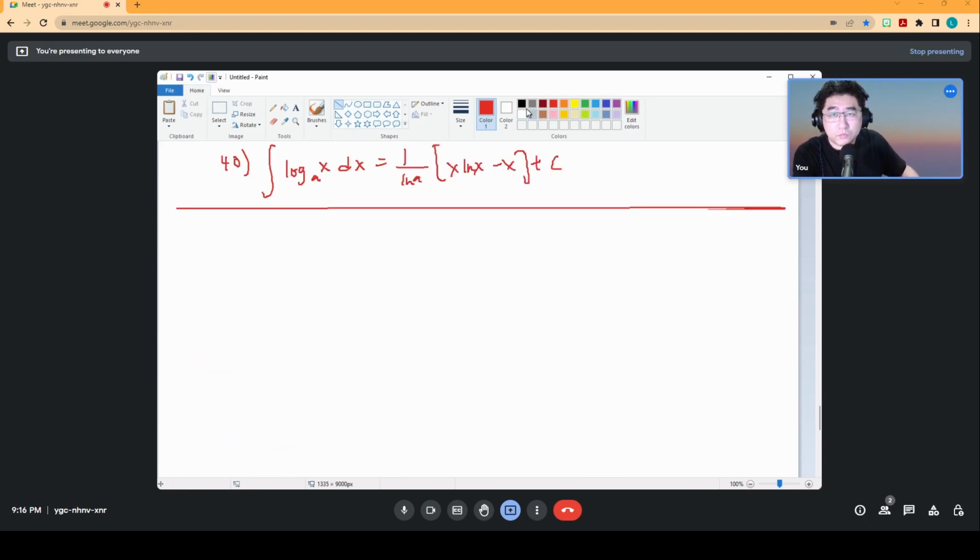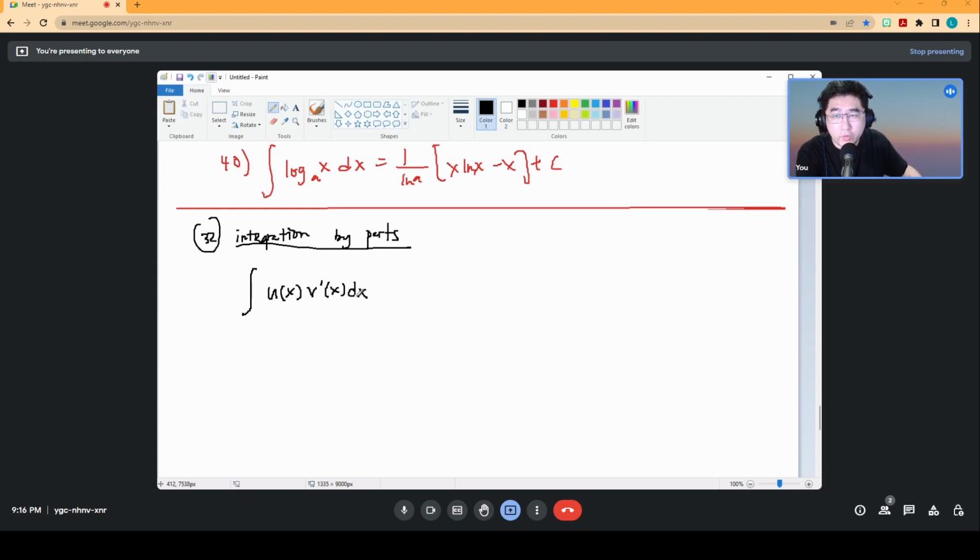Rule 32, integration by parts. What actually happens is that for this integration, you have two items being multiplied together, a u and a v prime.